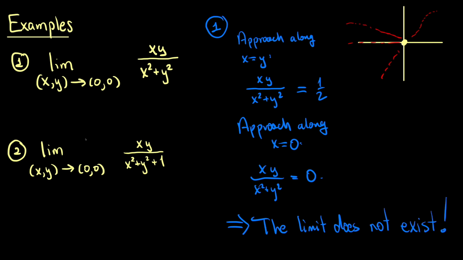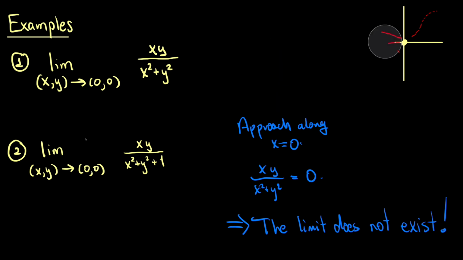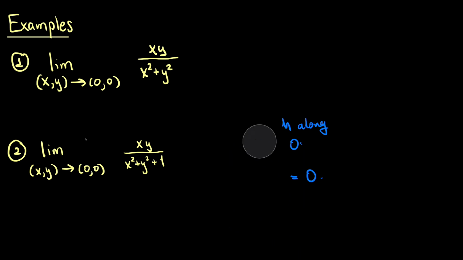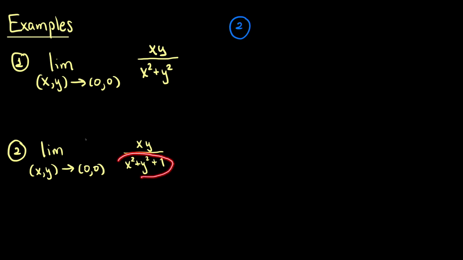Okay. All right, let's talk about the second one. If I add +1 to the denominator, does anything change? Well, you can see that actually a lot changes, because now the denominator can't go to 0 while the numerator goes to 0.